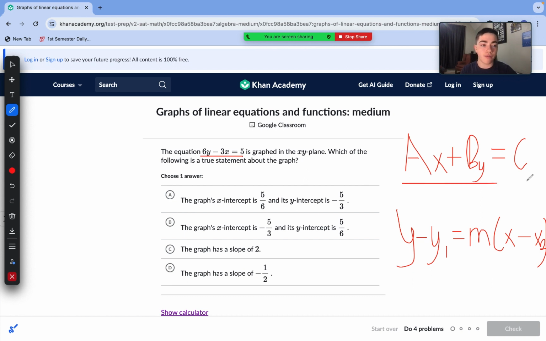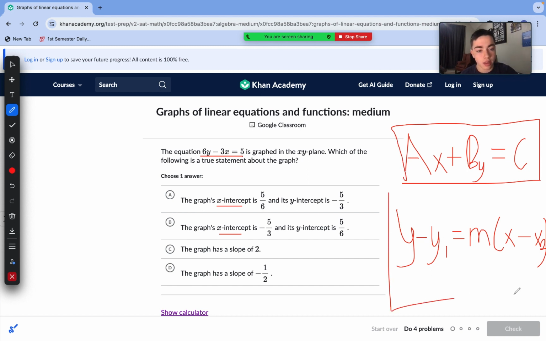Okay, so our standard form, exactly what they're asking us in this question, well, intercepts. So standard form has the strength of finding x and y intercepts. Point slope has the strength of finding slope instantly and also giving us a point on the line. Meanwhile, y equals mx plus b finds us the slope and the y-intercept.